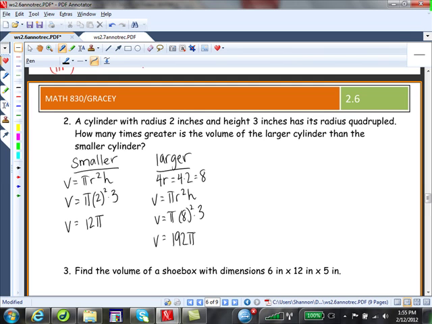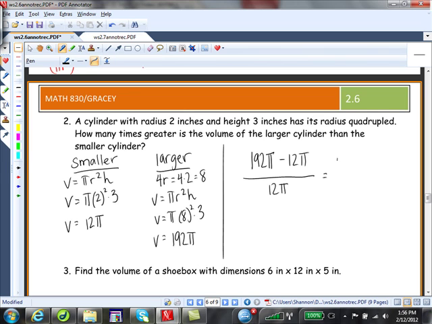Now, how many times greater is the volume of the larger cylinder than the smaller cylinder? You have to be a little bit careful. They don't want you to consider how much is the same, only the many times greater. So what we would do is this ratio: 192 pi minus 12 pi, so I'm subtracting out what is the same, compared to 12 pi.